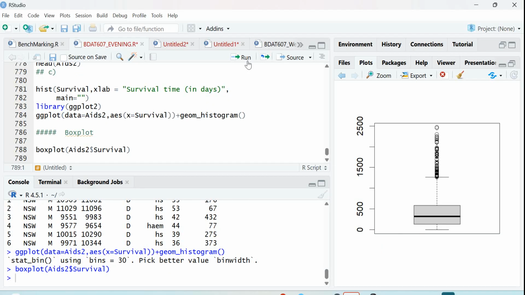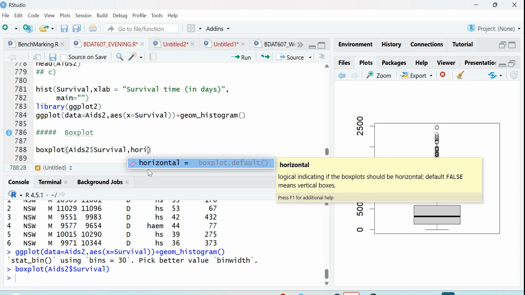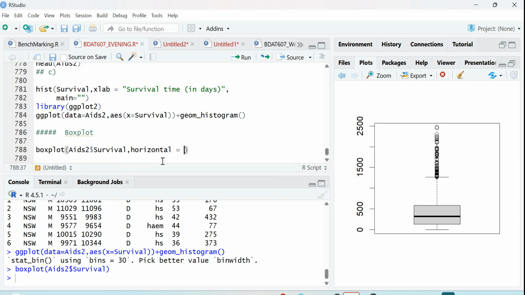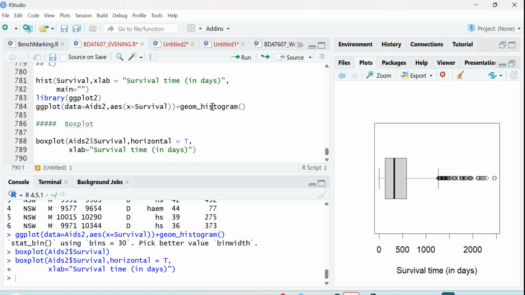If you want it to be horizontal, you say so. Then the x label will be survivor times in brackets.